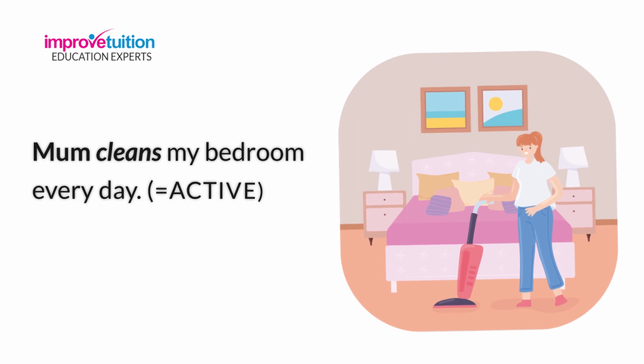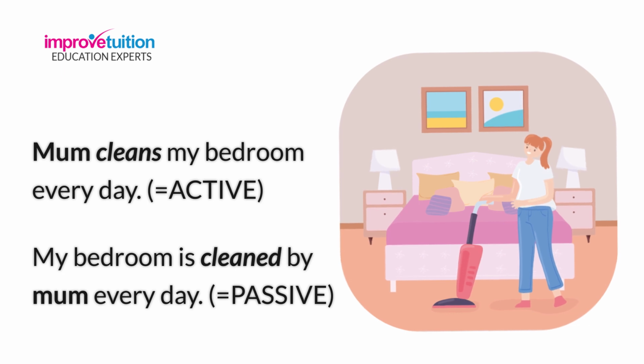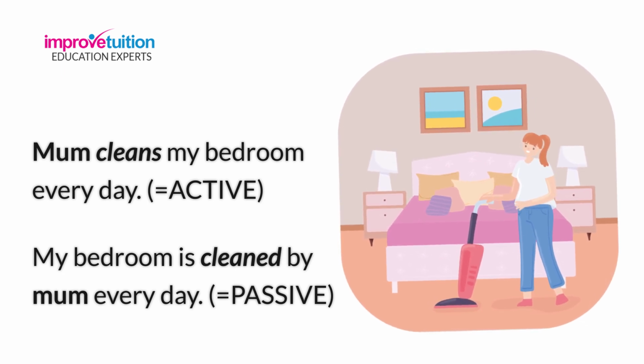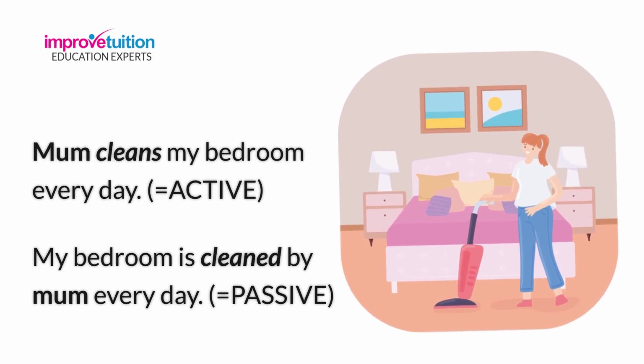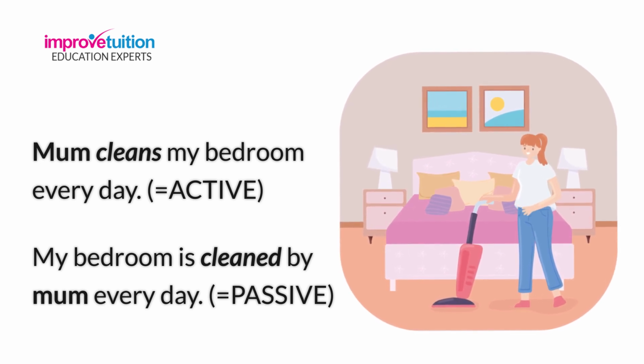Comparisons of active and passive. Mum cleans my bedroom every day. That's in the active voice. My bedroom is cleaned by Mum every day. Notice how the word bedroom is now moved to the front of the sentence in the passive voice.